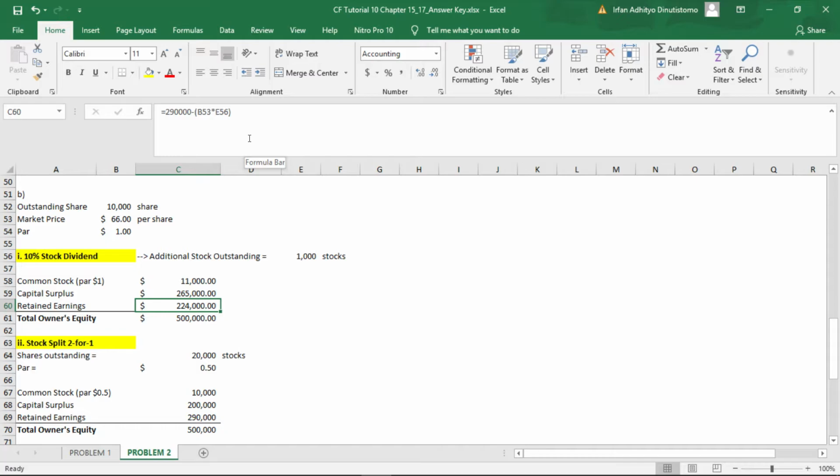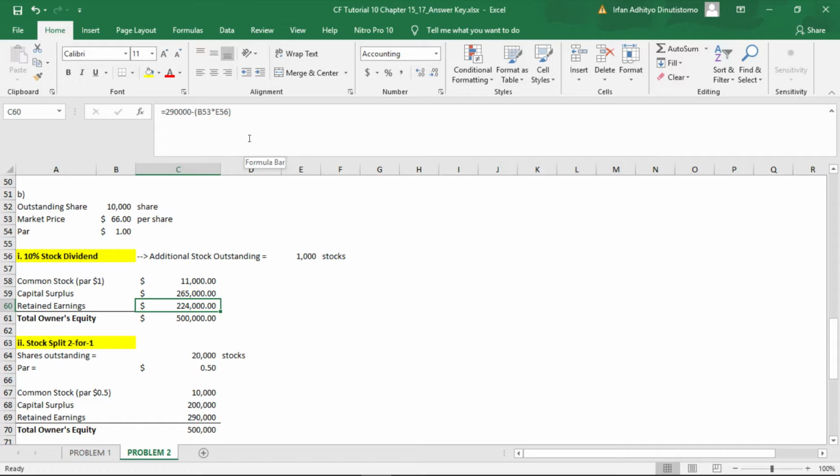Retained earnings is the amount of money that is going to be invested in the company, right? As the internal source of financing. But when the company pays a stock dividend, it will decrease the retained earnings of the company. It will decrease the internal source of funding.